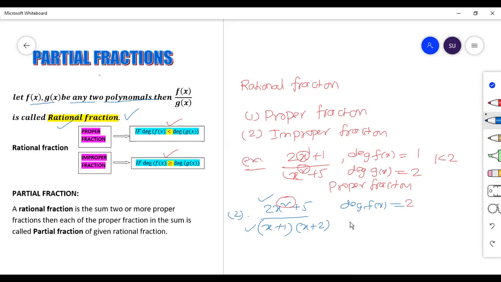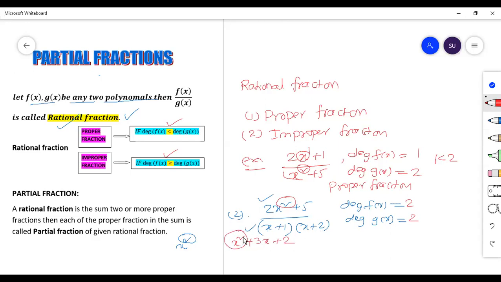Then what about degree of g of x? Here x plus 1 into x plus 2 is there. If you multiply these two, what terms will you get? x into x is x square. Actually, here x square, x into 2, 2x plus x, 3x plus 2.